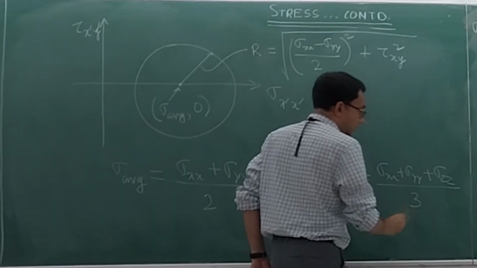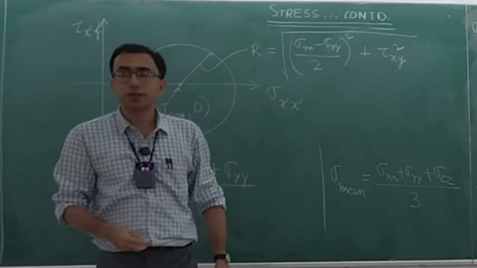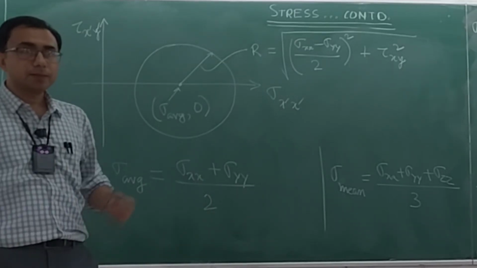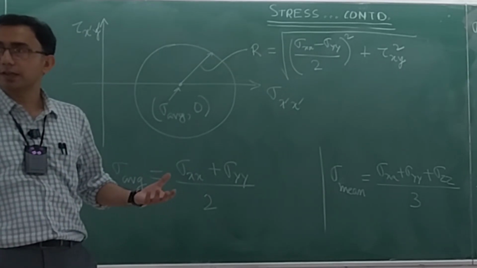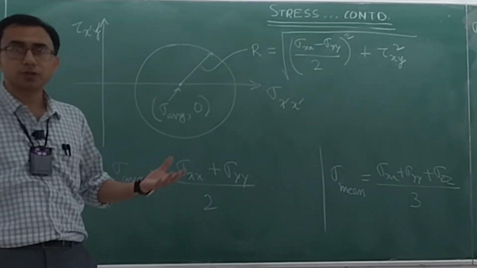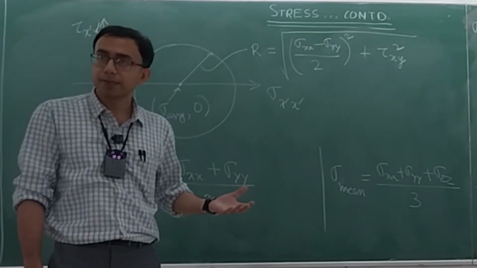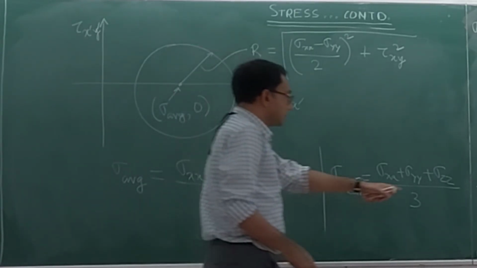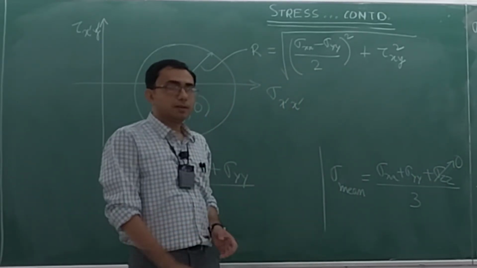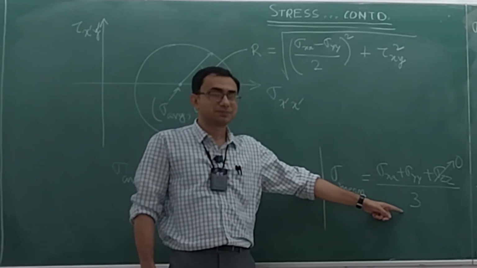Now what did we do to go from the three-dimensional version to the two-dimensional version? Did we not tell ourselves that we are considering a special physical situation where sigma zz is equal to tau yz is equal to tau xz is equal to 0? If that is so, then this sigma zz is 0. But this 3 doesn't disappear.